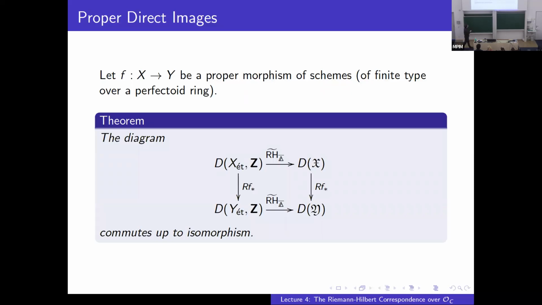You can look at étale sheaves on X, étale sheaves on Y. Those are related by some kind of direct image functor. And you can also look at quasi-coherent sheaves on their formal completions, X and Y. And those are related by some kind of direct image functor in the world of quasi-coherent sheaves. And the claim is that this Riemann-Hilbert construction intertwines those direct image constructions, provided that F is a proper morphism.